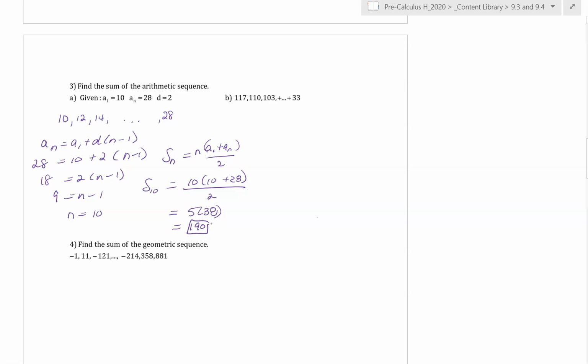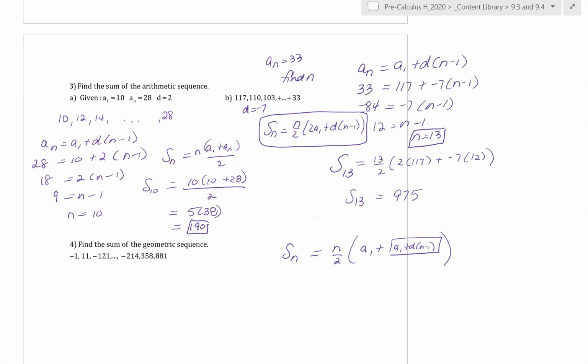What I would like you to do is consider part B and attempt to use the other formula that we learned. Go ahead and pause the video and give it a try. The first thing you need to do is find how many terms you're adding. So if the nth term is 33, we need to find n, so use your explicit formula for arithmetic sequence, and we find out that we are adding 13 terms.